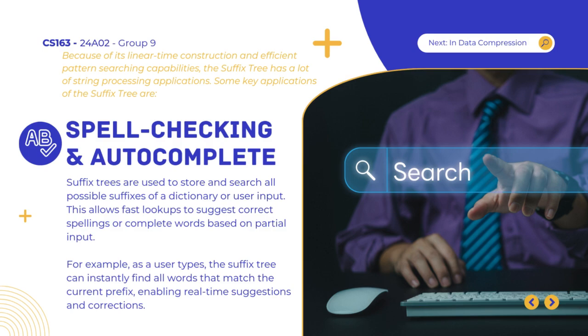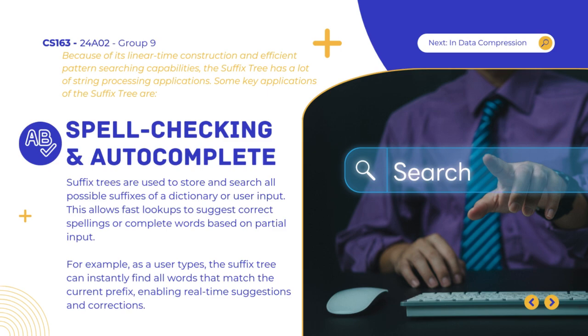This structure makes it possible to perform fast lookups, which is especially useful for applications like autocomplete systems or spell checkers, by organizing the data in a way that allows quick access to any string. Software can suggest correct spellings or complete words even when only a part of the input is available.